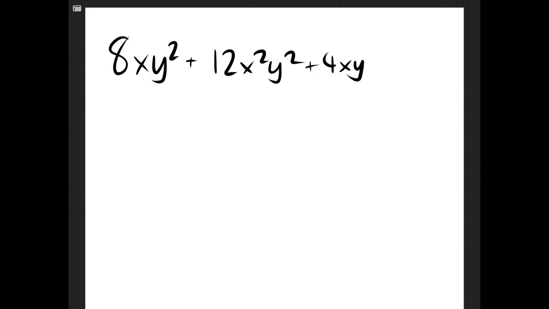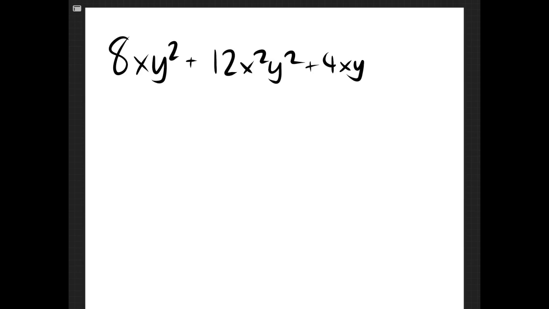So first let's look at the variables. Each of these terms has at least one x, because the middle one has an x squared, but the first one and the last one have x. So 8xy squared and 4xy both have 1x. So that's part of our GCF.